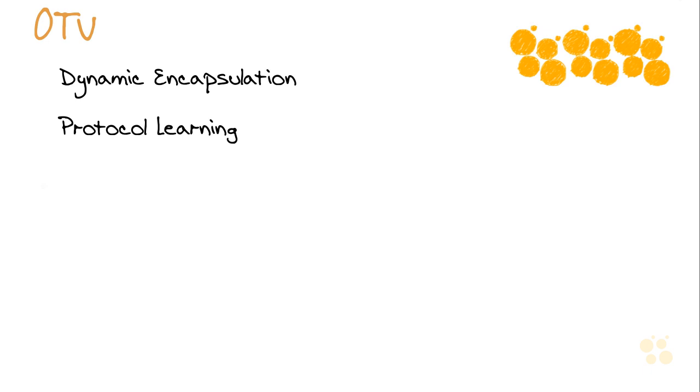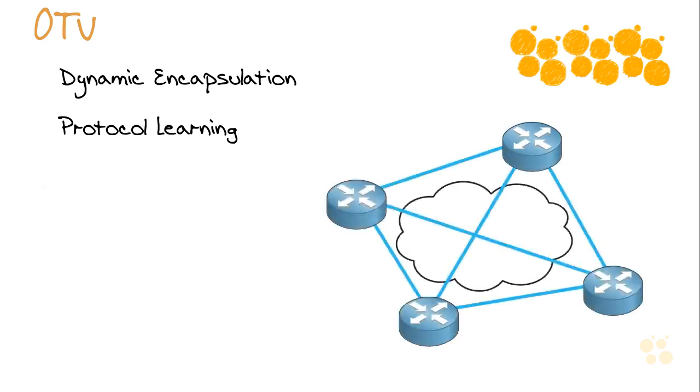Now, what really makes OTV shine is two real fundamental principles here. Number one is the dynamic encapsulation of our layer 2 frames. So it is a point to cloud type model where the layer 2 frames are going to be encapsulated in IP packets and then independently routed thanks to ISIS to the particular destination or sites to which they are destined.